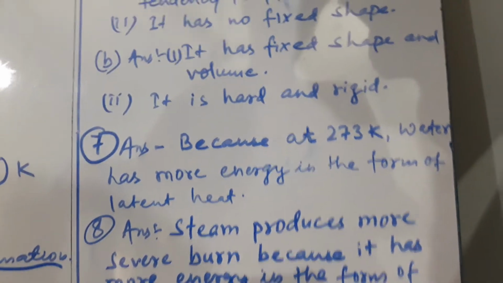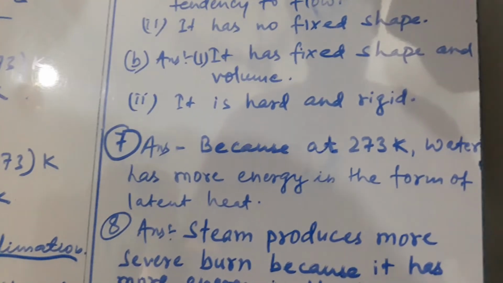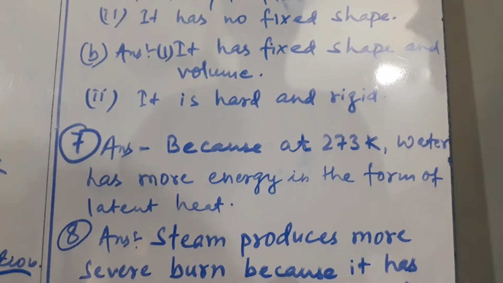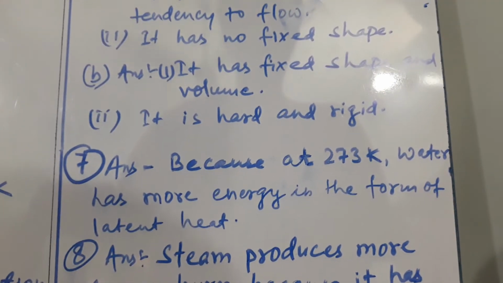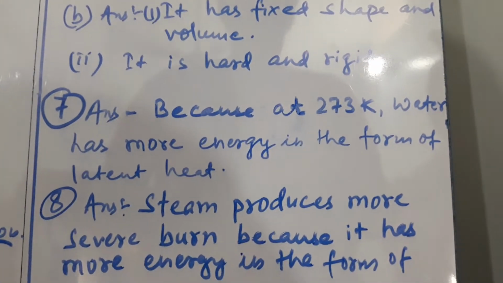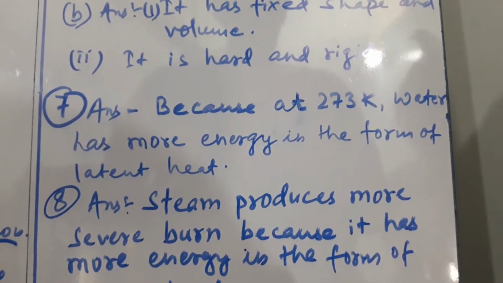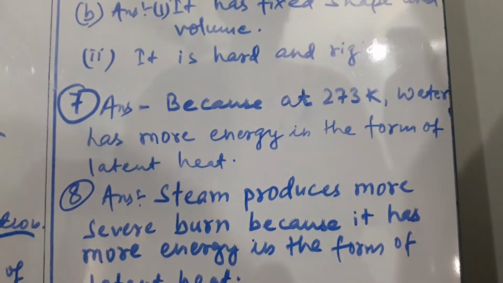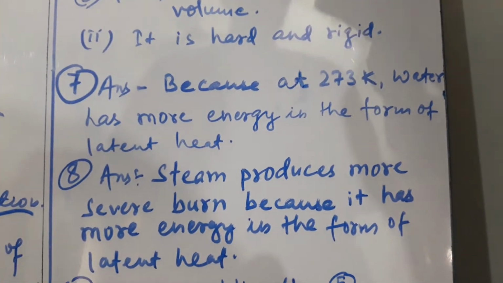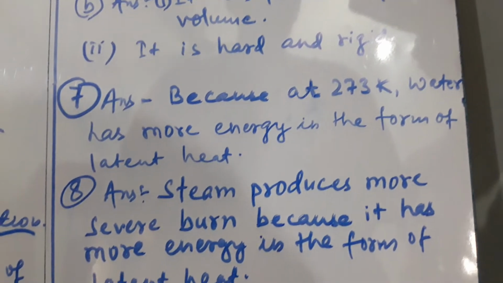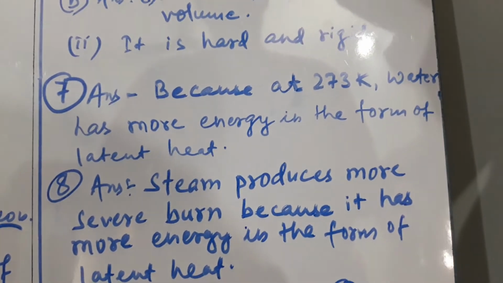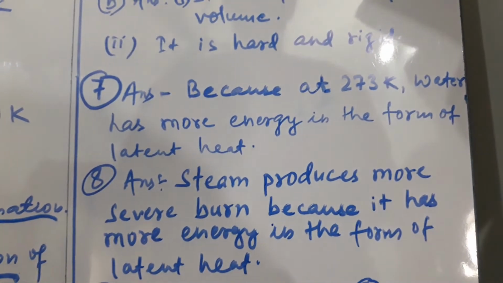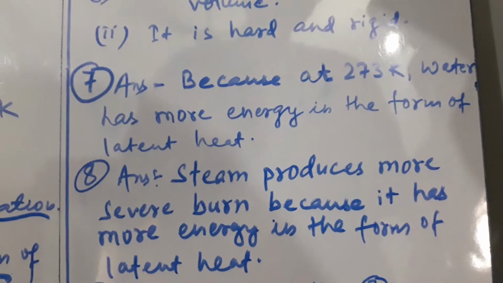Now number 7. Why is ice at 273 Kelvin more effective in cooling than water? At 273 Kelvin, it means at 0 degrees centigrade. This question is already answering the B part of question 5.